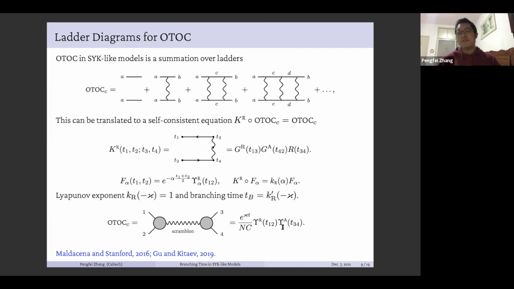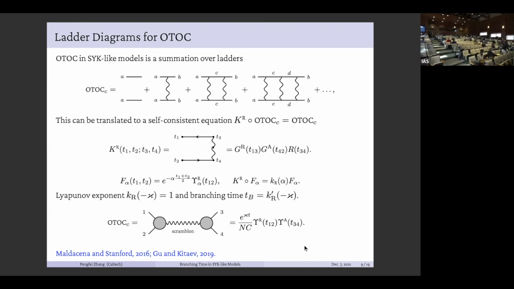So such a formula for the OTOC is in fact a consequence of the ladder diagram. The only assumption is that the solution is not degenerate, so we do not have two modes with the same quantum Lyapunov exponent. In that case there would be a further summation over the two modes. But if we have a single mode, a single scrambling mode dominating the information scrambling, this will be the result.